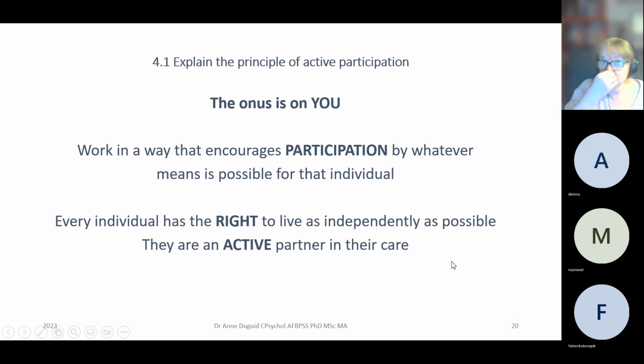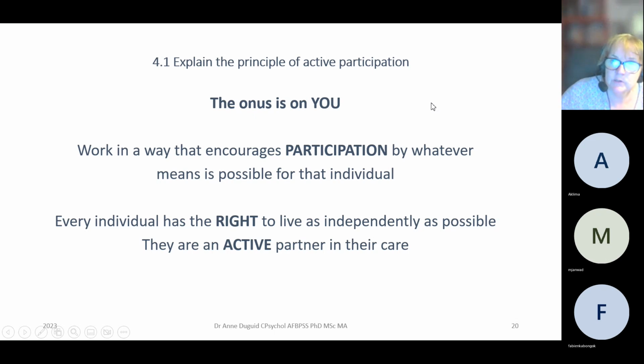And you've got to remember, every individual has the right to live as independently as possible. They are an active partner in their care. They're not passive. They're not just sitting there having things done to them. They're not a dolly.